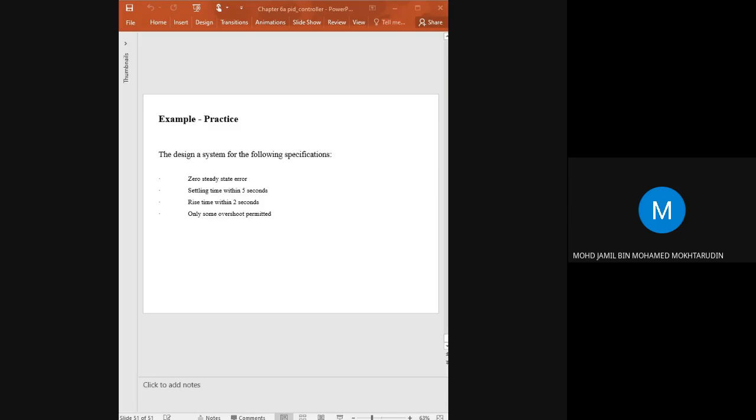That is question A. Question B, from the transfer function you give an input, so determine the output using partial fraction. We already learned how to determine this using partial fraction earlier on. So this is basically before midterm material.